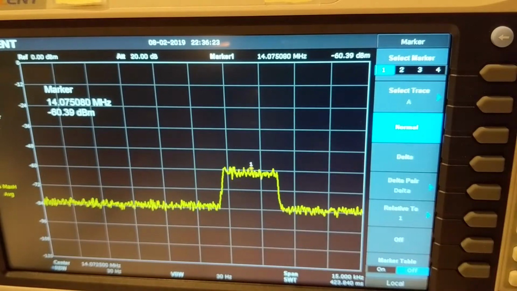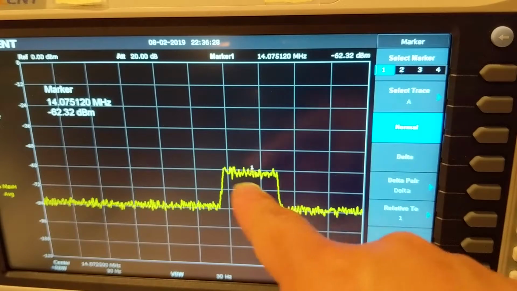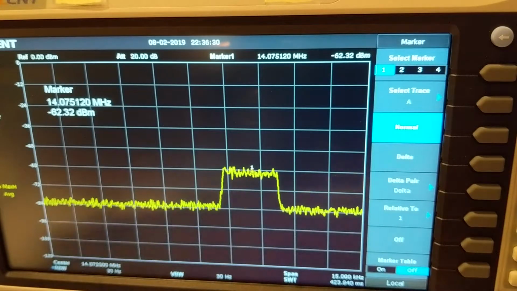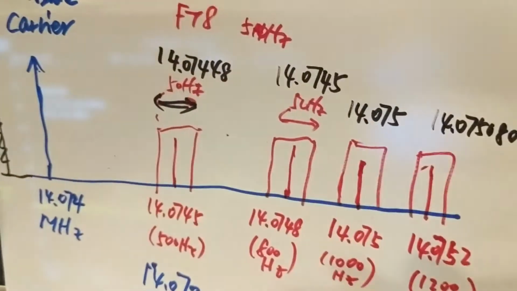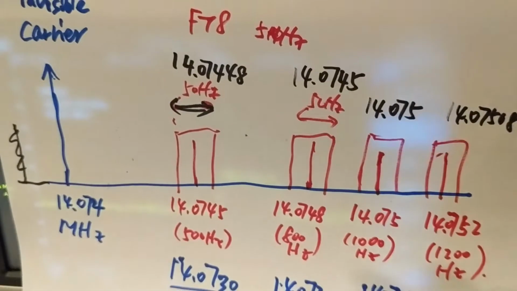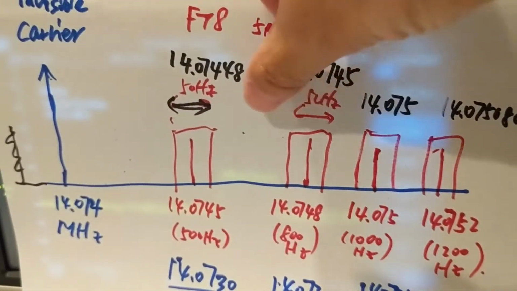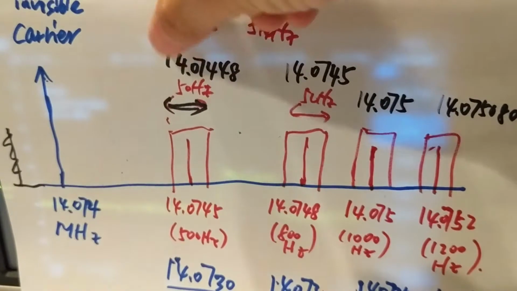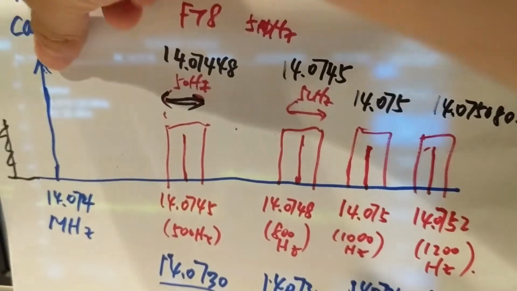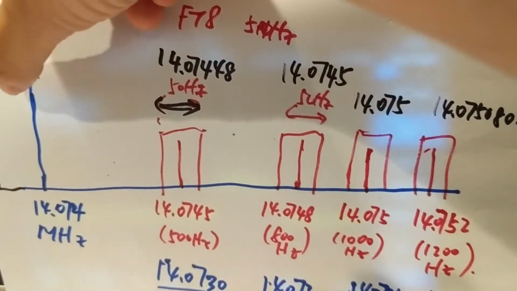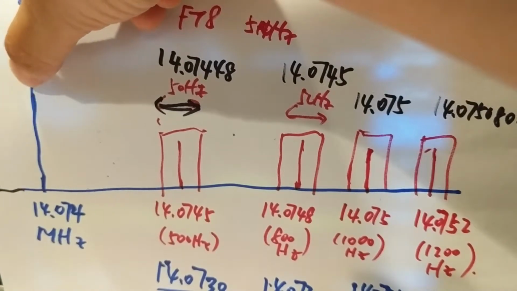Yeah, this is a little bit shifted. It's very hard to tell which is the center, and it's hard to tell the small ones, but we can see the trend. The carrier frequency is this one, 14.074.